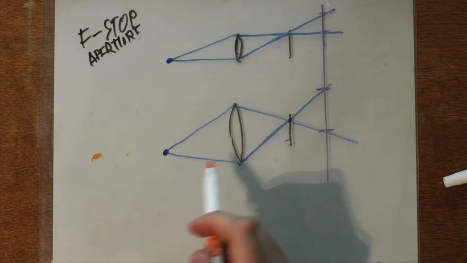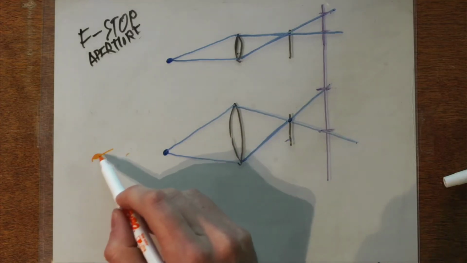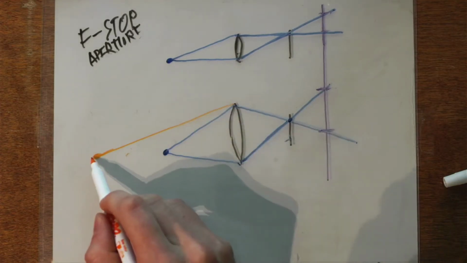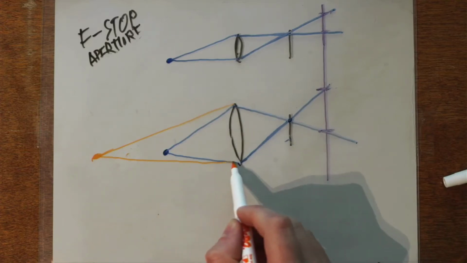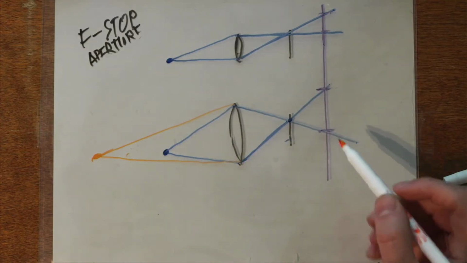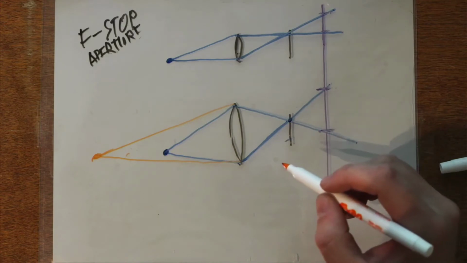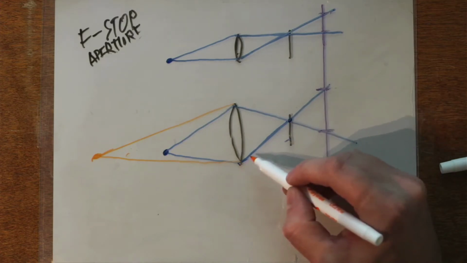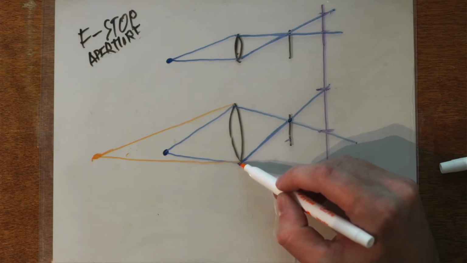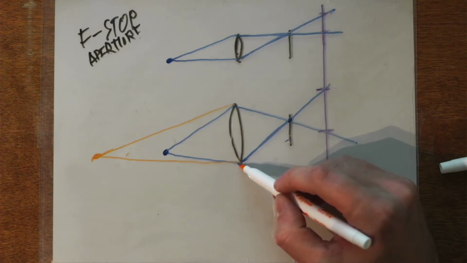Now, but if I'm focused here, then this is not going to be in focus. And this, let me figure out where I'm going to draw this. What this is going to be is in focus to the front.